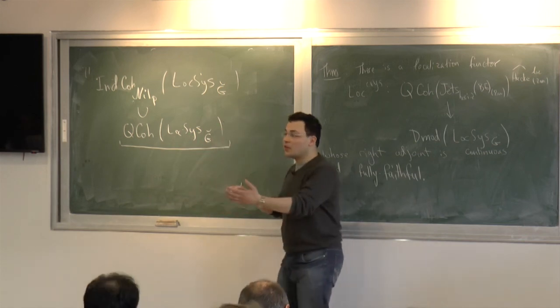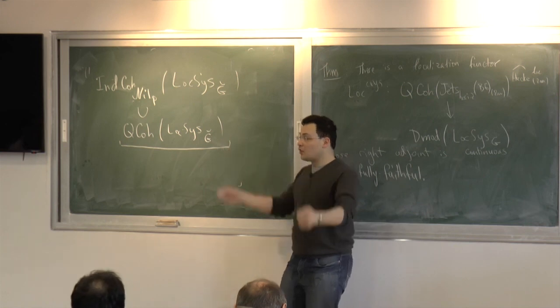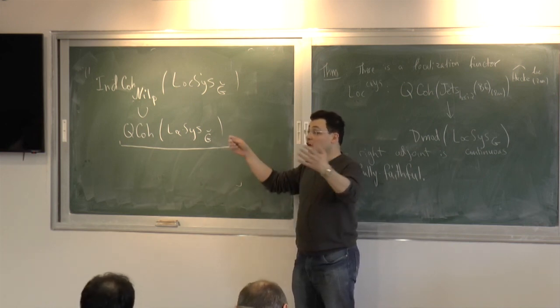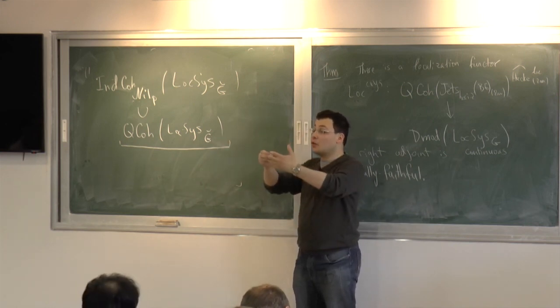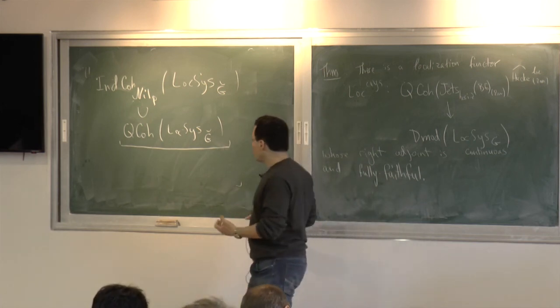As Dima explained, the whole strategy is to construct some local categories, and on both sides there will be a fully faithful functor, and then the local categories will be equivalent, and you want to compare the essential image.